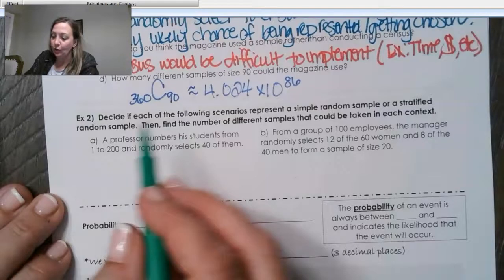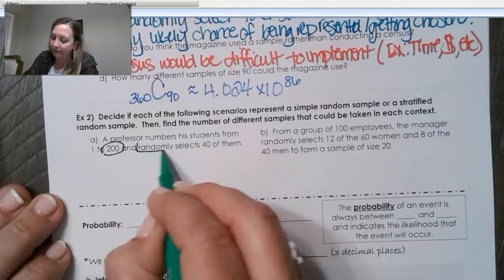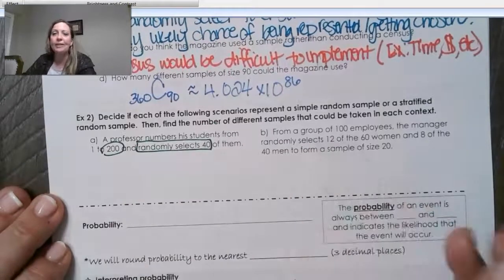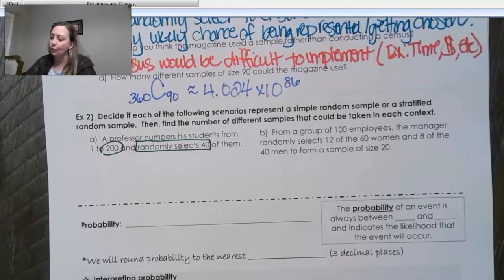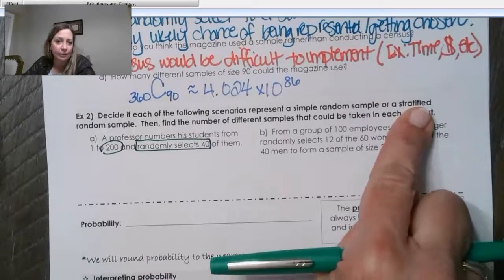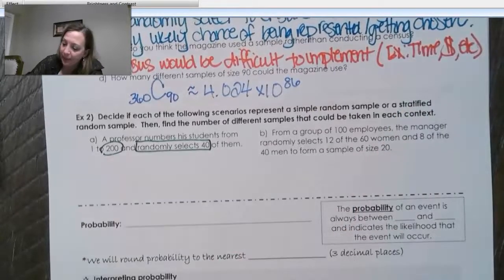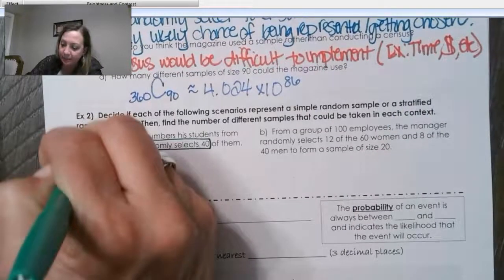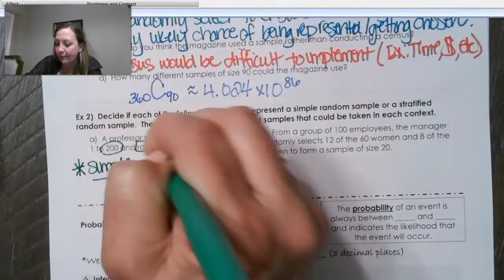So he has 200 students and he's randomly selecting 40. A simple random sample is when everyone has the same chance to be selected. A stratified is when you divide them into subgroups first. Well, it doesn't seem like this professor divided them into subgroups. He was just choosing 40 at random. So this is going to be a simple random sample.